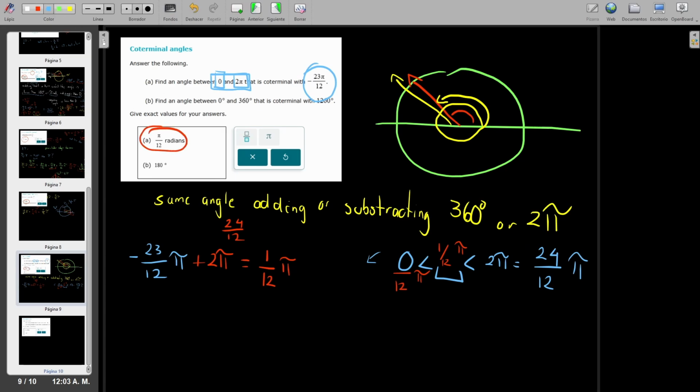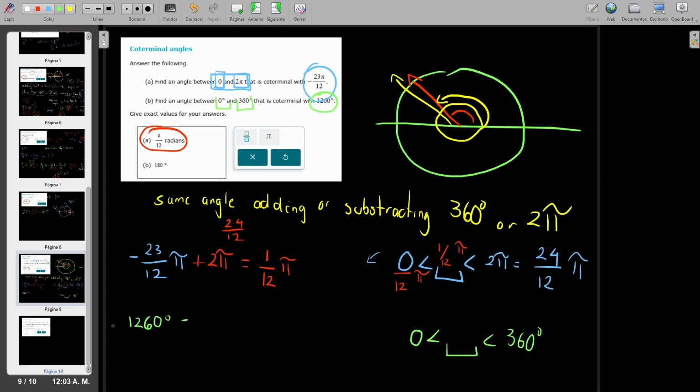Now for the next one, it's going to give us the coterminal angle 1260 degrees. As it is above, because we're going to find it between 0 and 360 degrees, they're asking us to be finding between these two numbers, right?